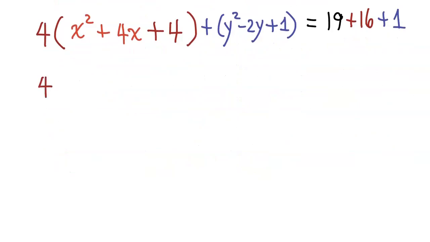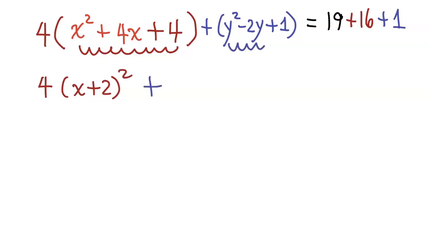But let us finish this. So I will write 4, and this trinomial will factor into what? X plus 2 squared. Now that blue y squared minus 2y plus 1 will factor into y minus 1 squared. And if you add up these 3 numbers, 19 plus 1 plus 16, that's going to give me 36.